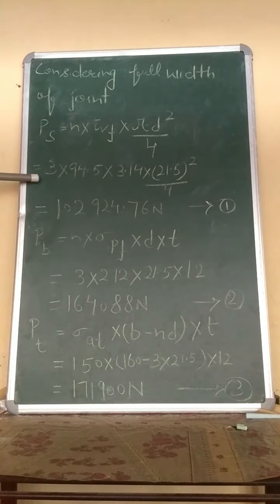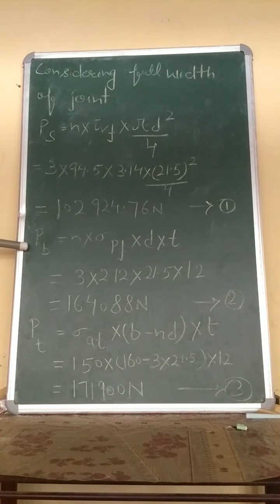Putting all the values in the equation, we get 3 into 94.5 multiplied by pi 3.14 multiplied by 21.5 square over 4. Solving this equation, we get 102924.76 Newton.